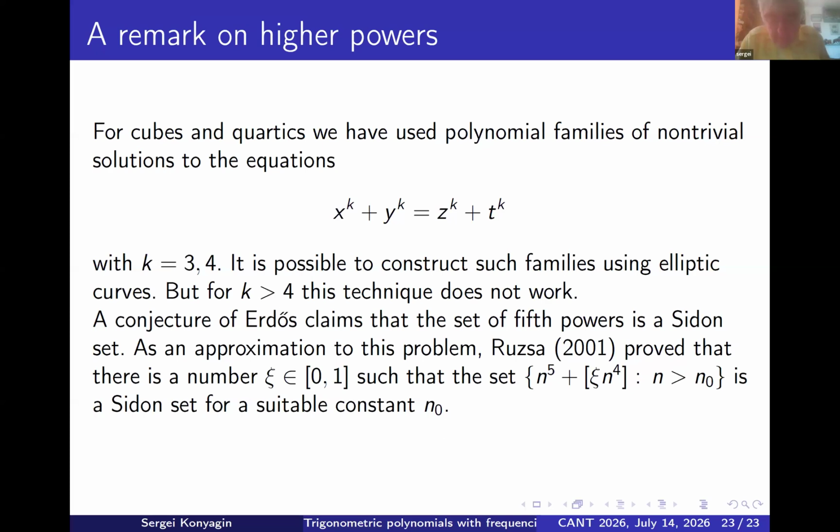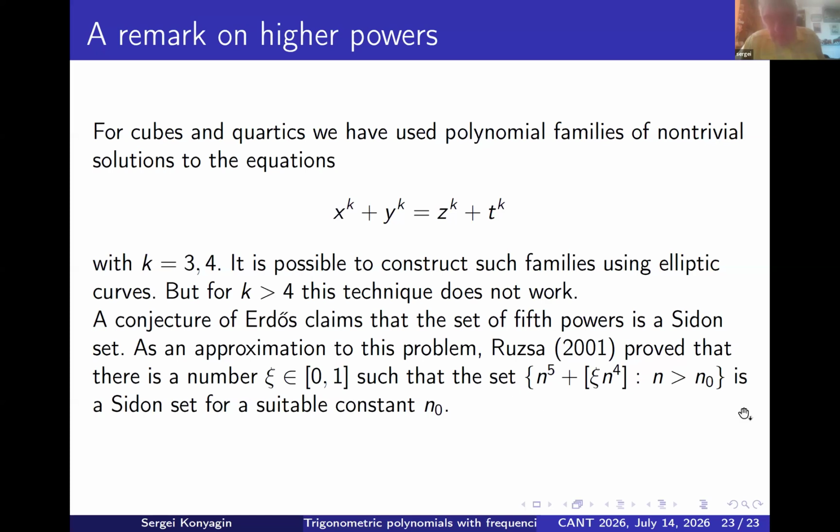Ruzsa proved the following: instead of the set of fifth powers, we take the set of numbers n to the 5 plus the integer part of some xc times n to the 4, and then for some xc, this is a Sidon set.